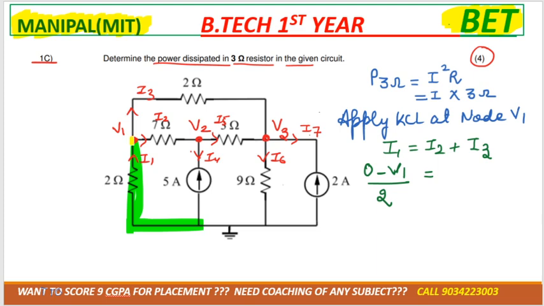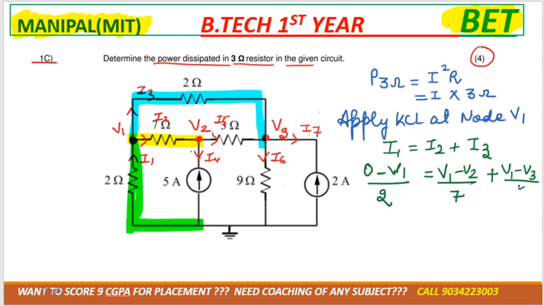I2 is moving from V1 to V2, so it would be V1 minus V2 divided by the resistance, and I3 is moving from V1 to V3. We have to see from node to node, so V1 minus V3 divided by 2, correct?